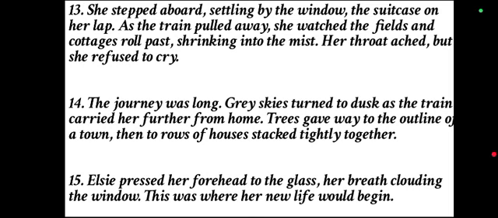Her throat ached, but she refused to cry. The journey was long. Grey sky turned to dusk as the train carried her further from home. Trees gave way to the outline of a town, then to rows of houses stacked tightly together. Elsie pressed her forehead to the glass, her breath clouding the window. This was where her new life would begin.